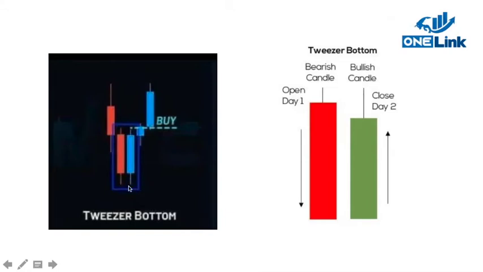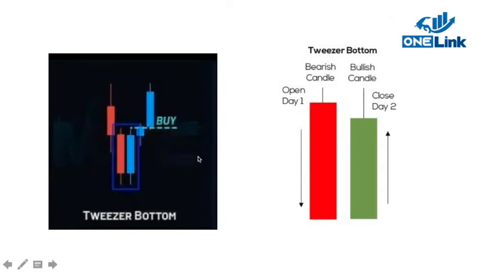This will be your stop loss, and this will be your entry to buy. Once you start earning some profit, that is using a tweezer bottom. When you find this tweezer bottom in the candle formation on the chart, you can take the trade.